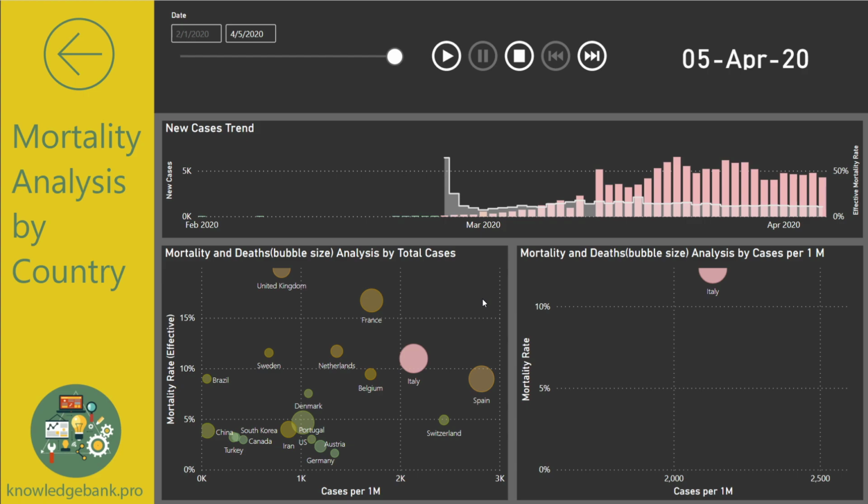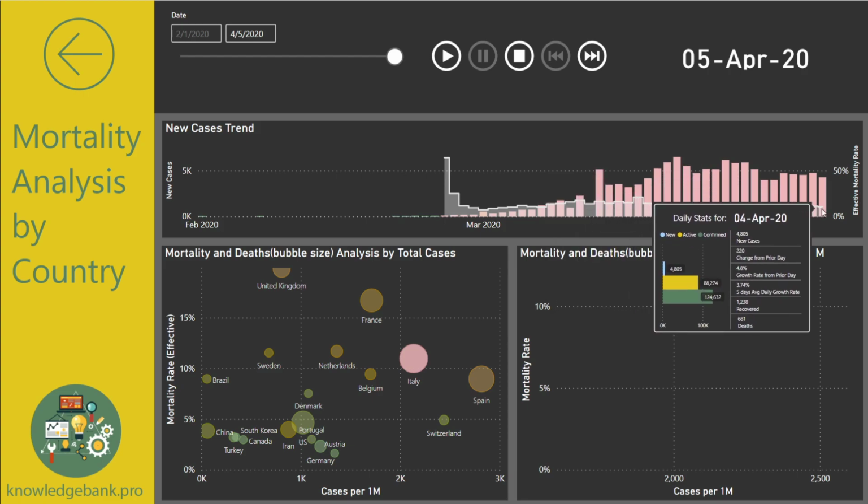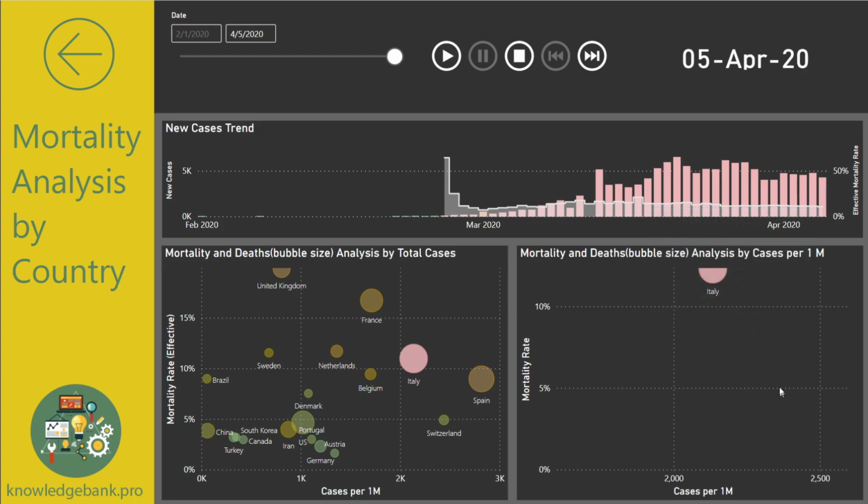Even when the cases were low, mortality was high. When cases are high, mortality is high. And now that cases are coming down, effective mortality stays the same. Again, I'm not going to try to explain these numbers quite yet. I'm going to spend a couple more days thinking about it and trying to assess more data. But I think it's interesting that effective mortality has not changed in Italy.